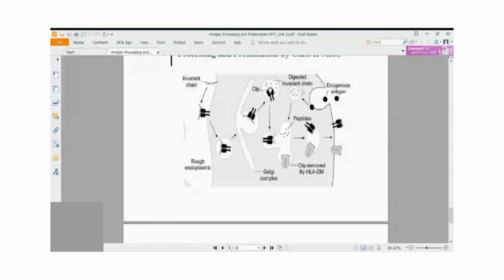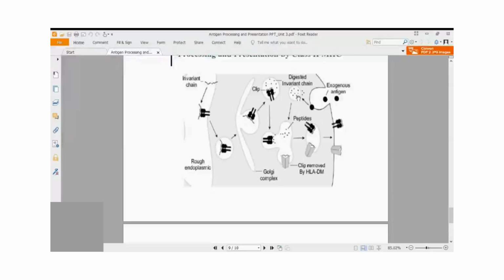At the same time, that lysosome can also fuse with the endosome, the phagosome or pinosome that was formed with the exogenous antigen.